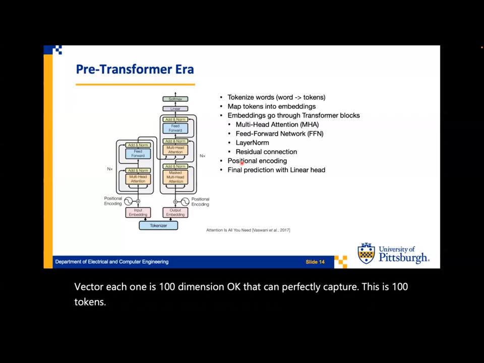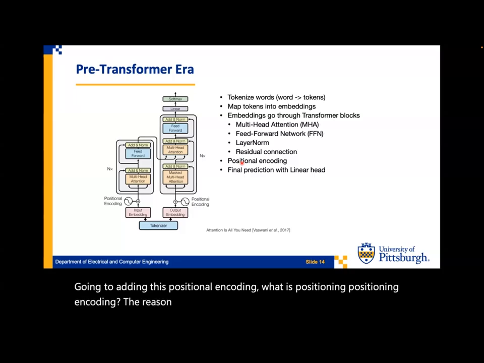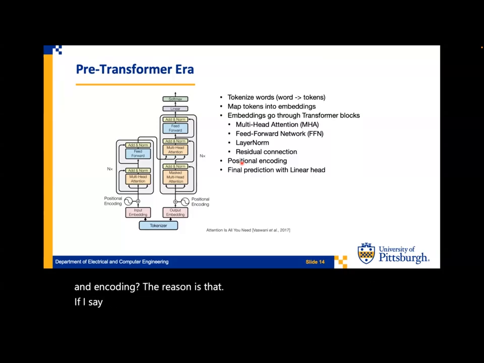And then we go on to adding this positional encoding. What is positional encoding? The reason is, if I say "I have a dog," then "I" is the first position, "dog" is the last.